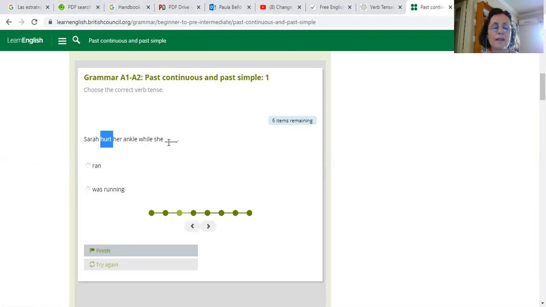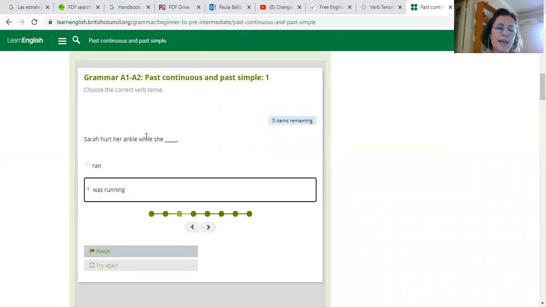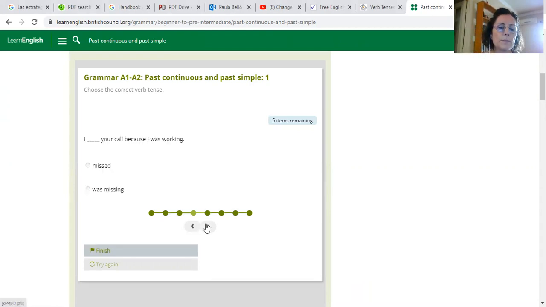Mientras hacía qué? So here was running. Exactly. So in that situation, you can see perfectly well there is an action in progress, something happens. When something happens. Here you have the progress: I was working.